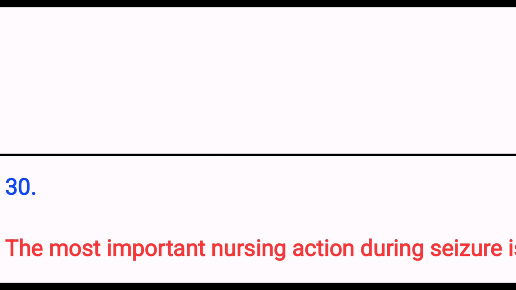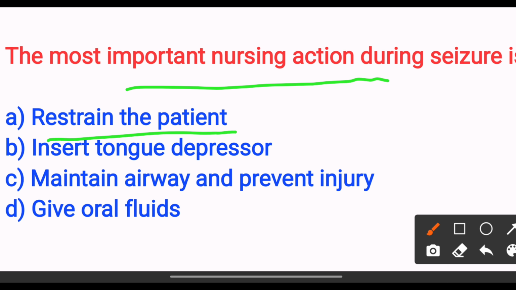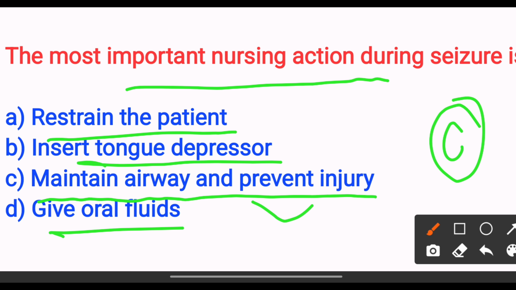Next, the most important nursing action during seizure is option A, restrain the patient. Option B, insert tongue depressor. Option C, maintain airway and prevent injury. Option D, give oral fluids. The answer is option C, maintain airway and prevent injury.